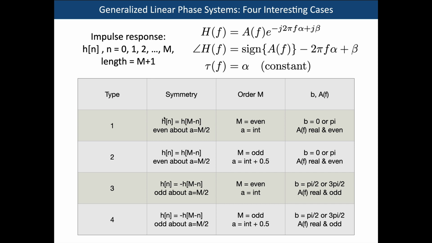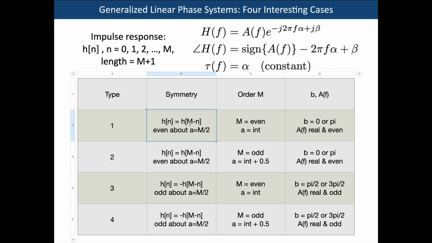Now notice this expression for the impulse response here. h of n equals h of M minus n is the way we're going to describe the symmetry. When you put n equals 0 in, this says that h0, the first coefficient in the impulse response, is equal to hM, which is the last coefficient.